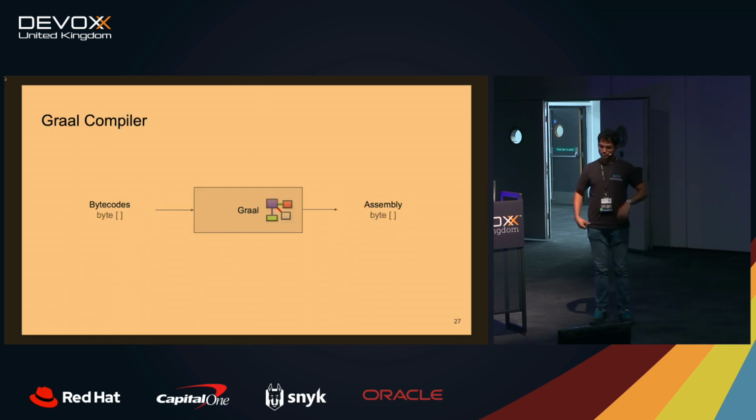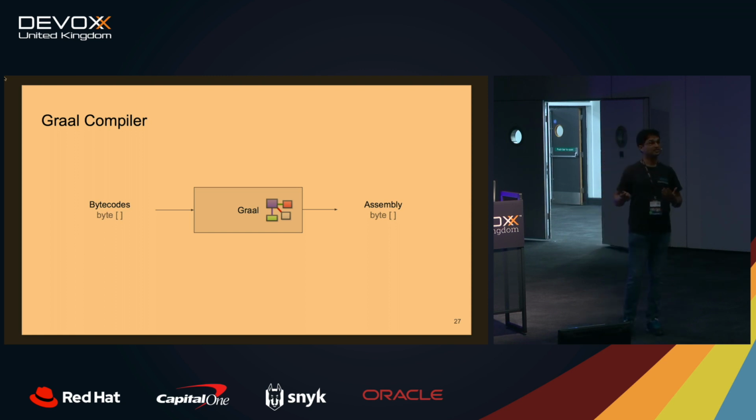Because the Graal compiler is written in Java, it is essentially a Java program. It takes some input, which is the bytecodes. The JVM gives the bytecodes and says, compile this for me. Then it gives the assembly back to the JVM, saying, hey, I have compiled everything.